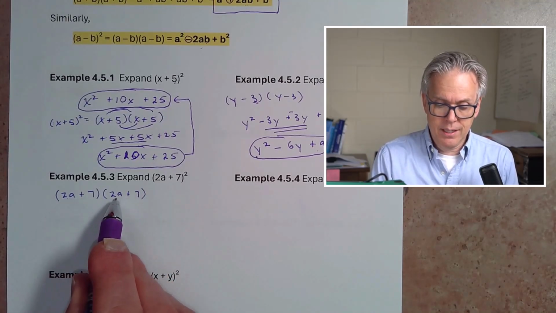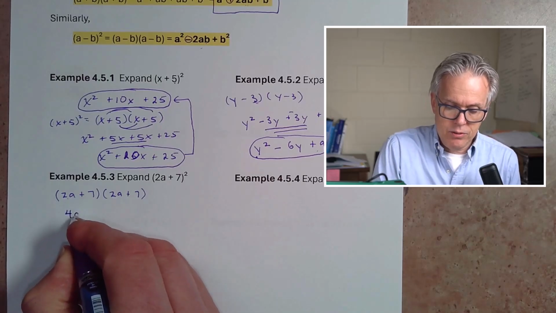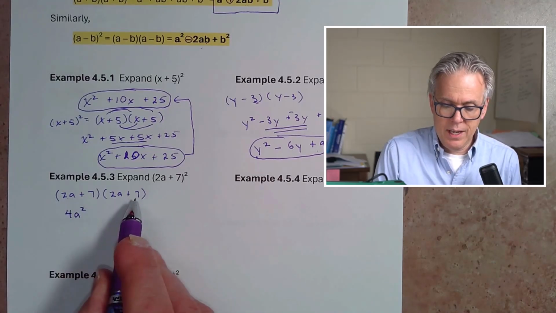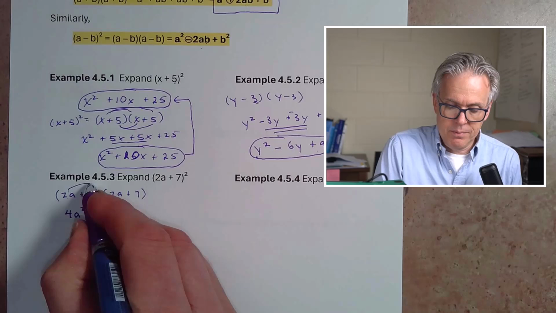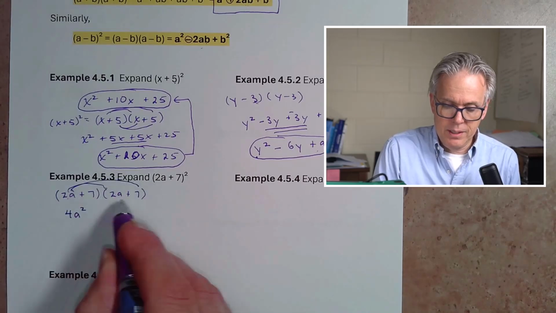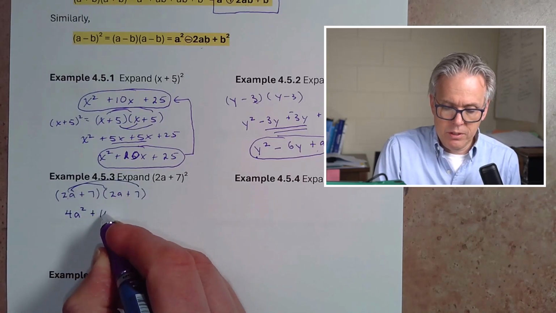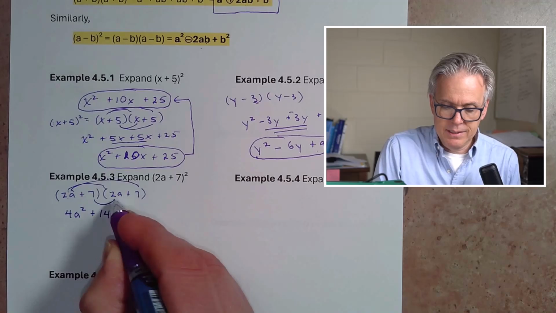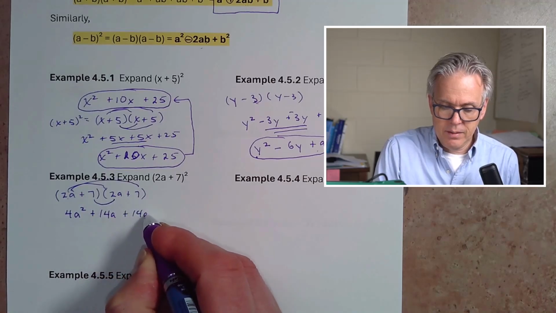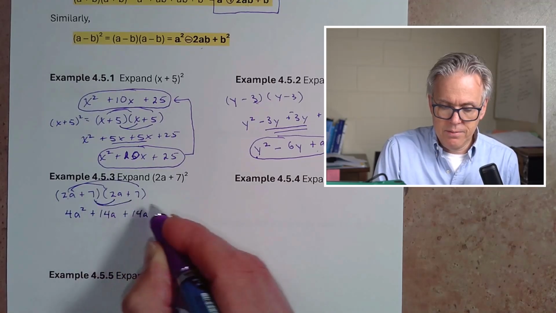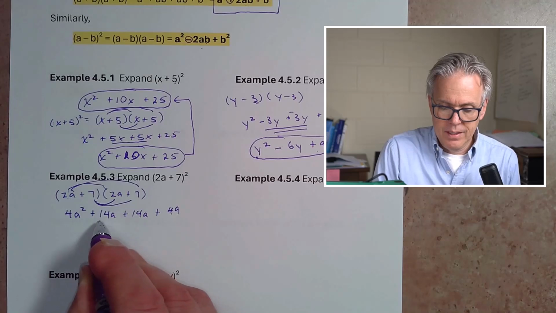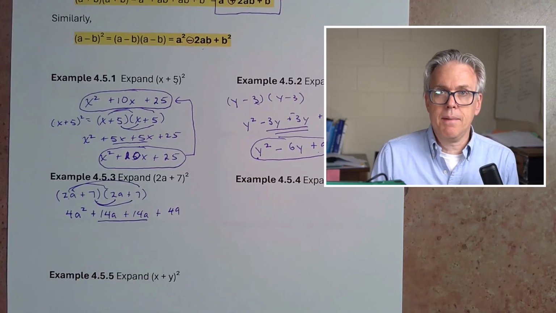So 2a times 2a is 4a squared. 2a times 7. Again, I'm just multiplying this out like I did before. 2a times 7 is 14a plus another 14a plus 49. These middle two terms I can combine.